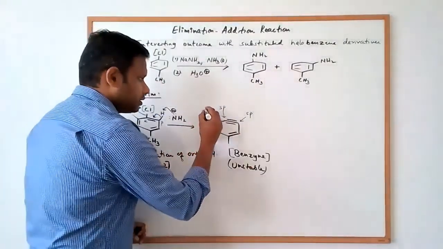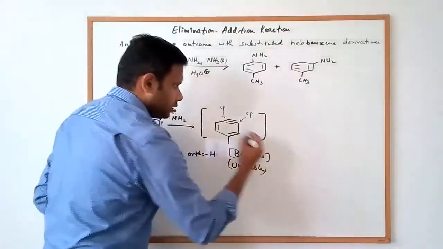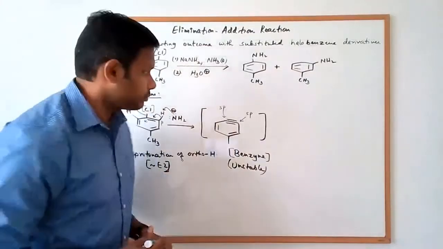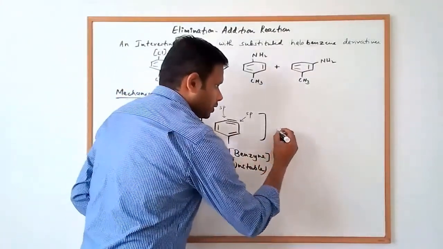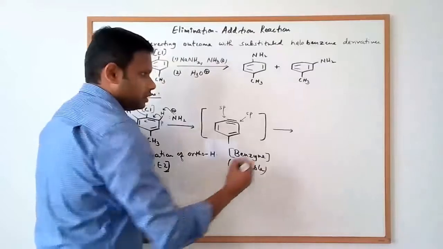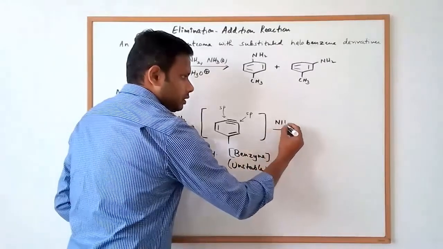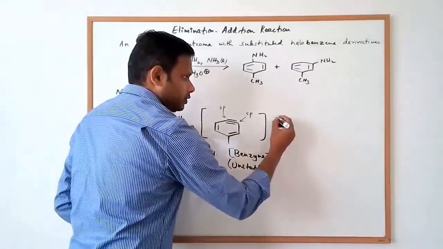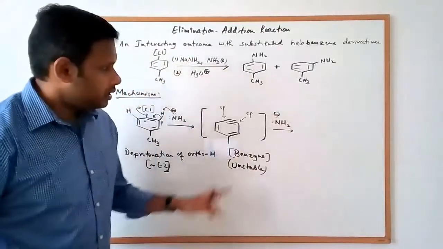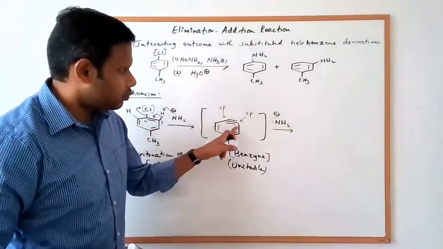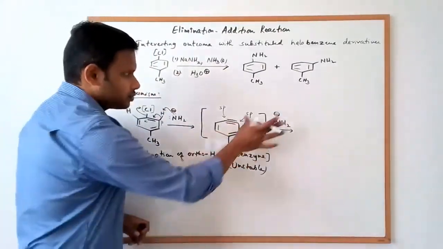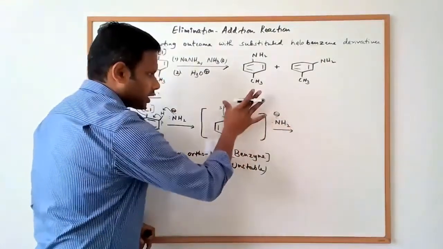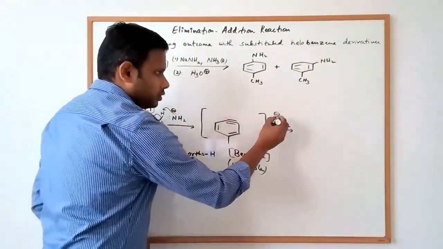Because once we get this high energy intermediate, in principle now, in the next step, what can happen is that the amide, another molecule of this nucleophile, can attack either one of these carbon atoms. So these carbons can be attacked by the amide nucleophile.